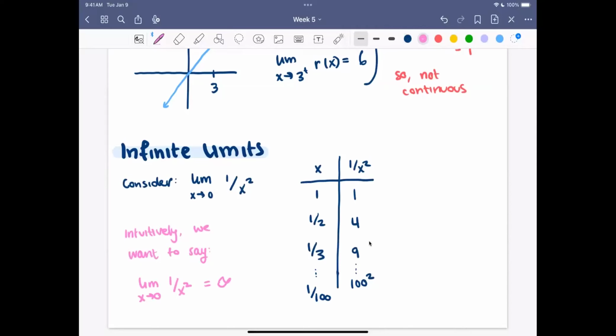By the way, I was only plugging in positive x values, but since we have the squared here, if I plugged in the negatives, I would get the same thing. So you put a plus or minus here. We get the same outputs.